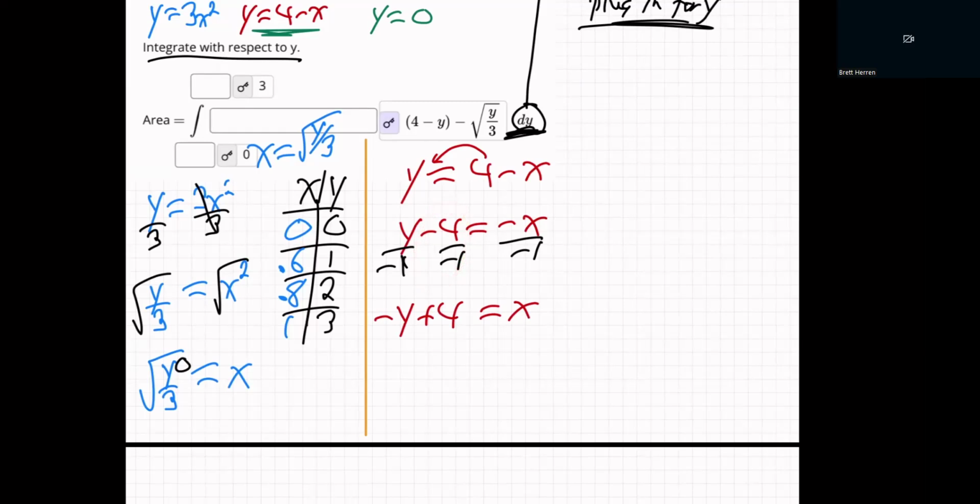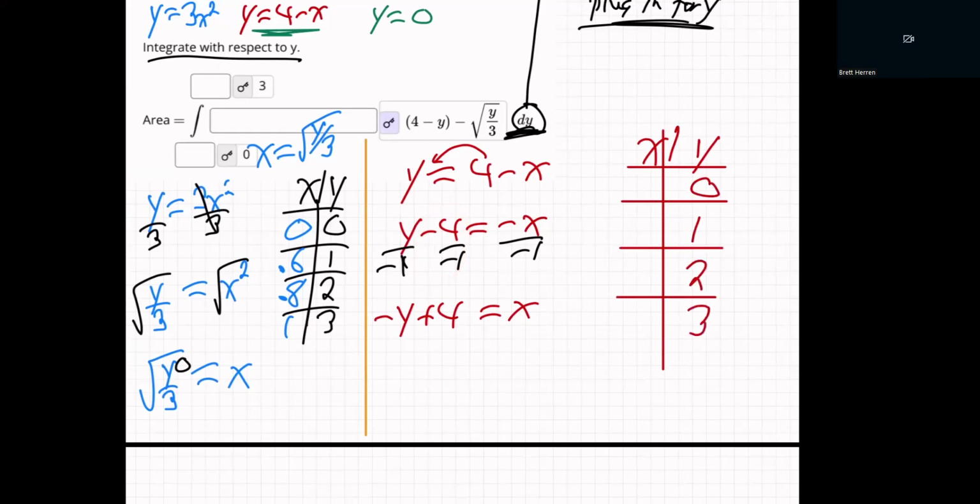Make a little xy table for that. Again, we're plugging in for y, 0, 1, 2, 3 should be plenty. And we're talking about x equaling minus y plus 4.